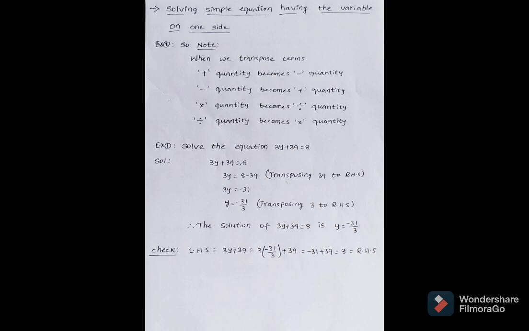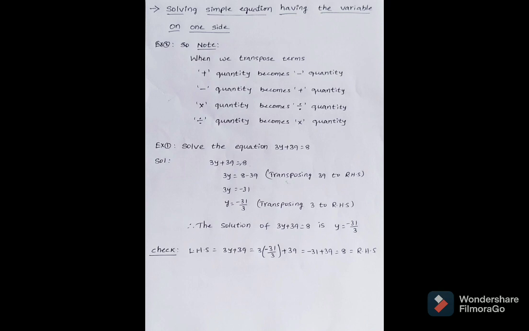Here 3y is in LHS. 3y means y is multiplied by 3. When we transpose multiplication to RHS, it will change to division.